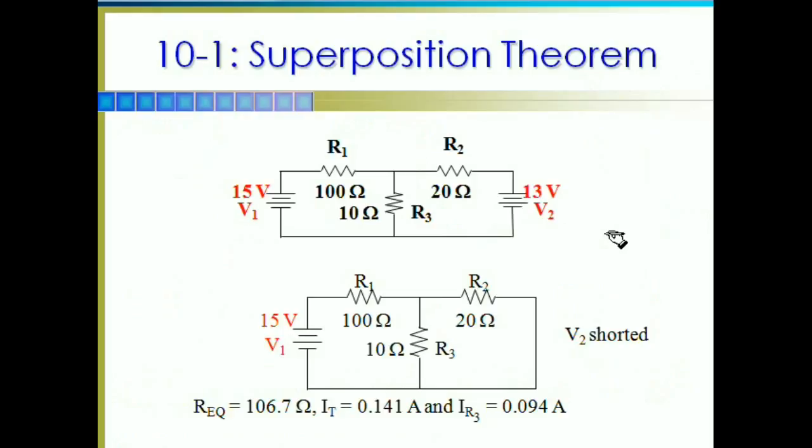Alright, we're able to do the same thing with a series parallel circuit with two different voltage sources. In this case, we're going to short across the 13 volt side. So now we're looking at 15 volts, and I've got, of course, a parallel circuit of R2 and R3 in series with R1.